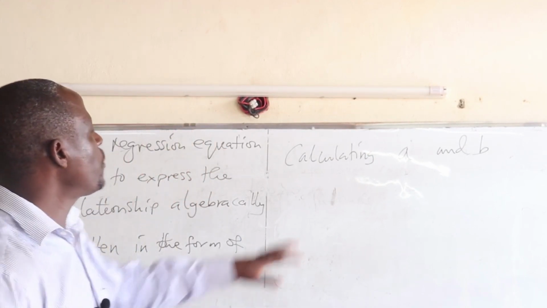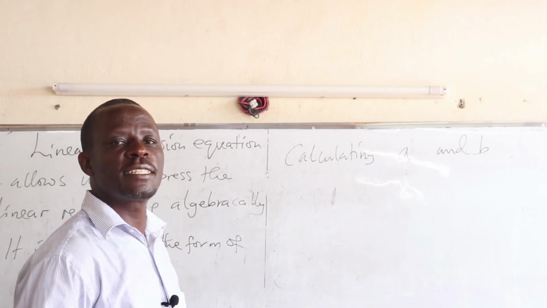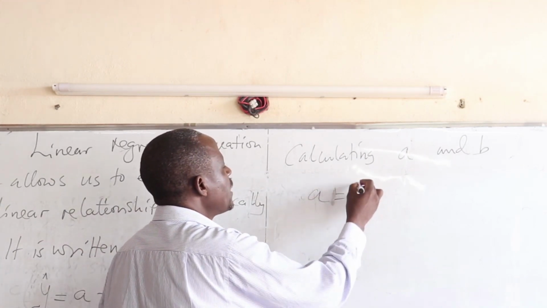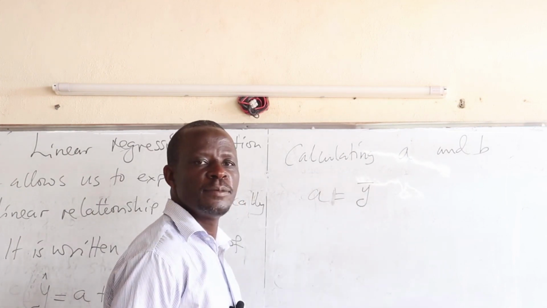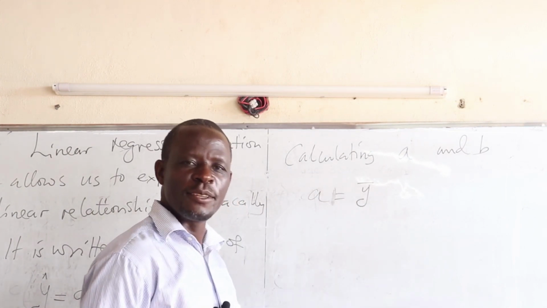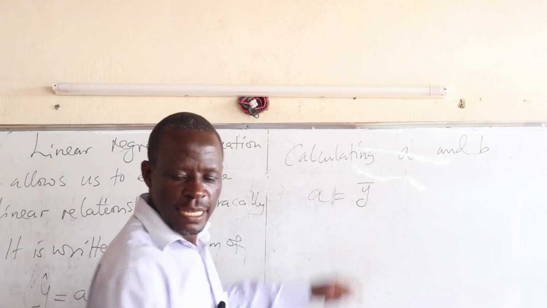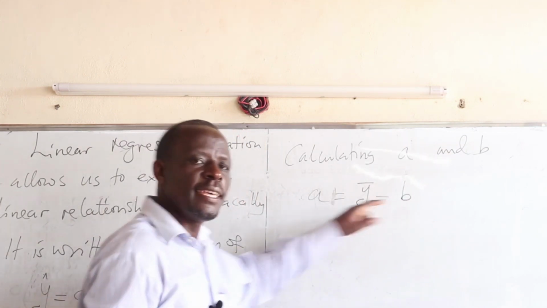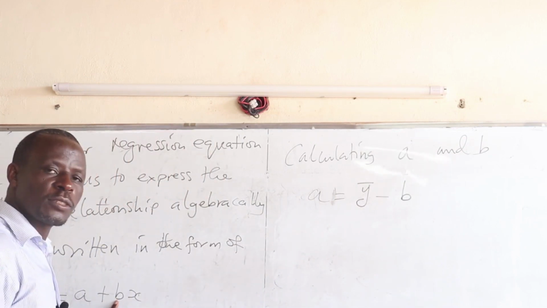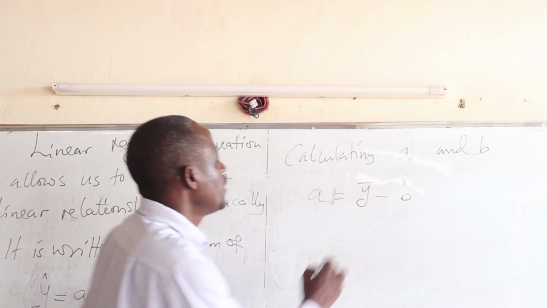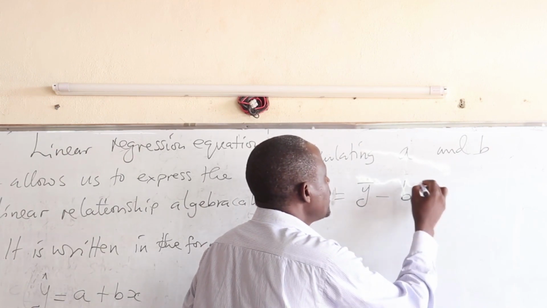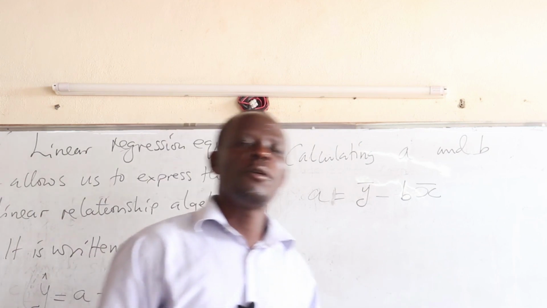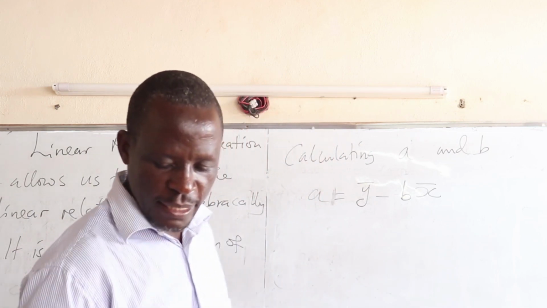The formula that we use to calculate the value of a is a is equal to y bar, which is the mean of y values, minus b, the same value that we talked about, the gradient, multiplied by x bar, which is the mean of x values.